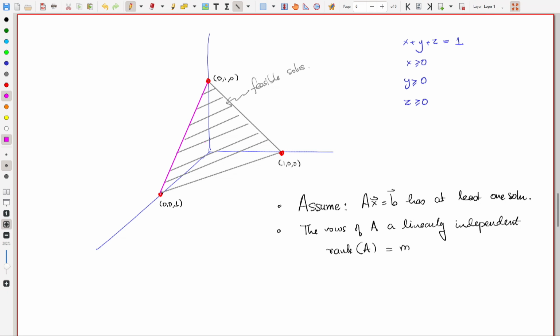It cannot be maximum at some point somewhere in the middle, because intuitively the objective function is linear, and so when you move away from this, at least in one direction, it will increase. You move along the gradient of that objective function, it will increase, unless the objective function is constant, in which case it does not matter. So, there will be some direction in which the objective function increases.